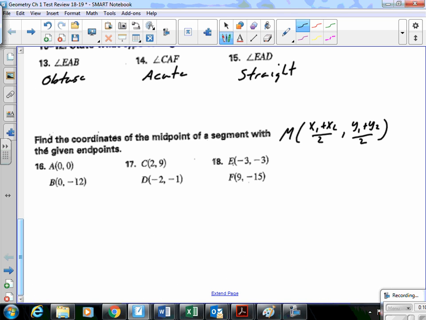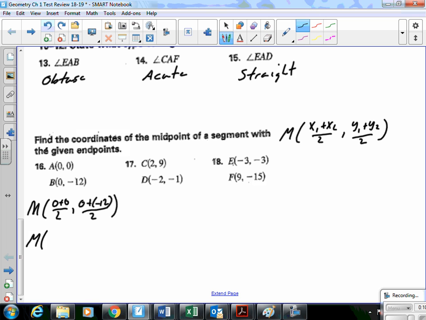All right, 16 through 18, we're finding the midpoint for the segments with the given endpoints. The midpoint formula is just taking the x's, adding them together, and dividing by 2 to get the x coordinate. The y's are added together, divided by 2 to get the y coordinate of the midpoint. So for 16, our midpoint is going to be the x's added together, 0 plus 0 over 2, and the y's added together, 0 plus negative 12 divided by 2.